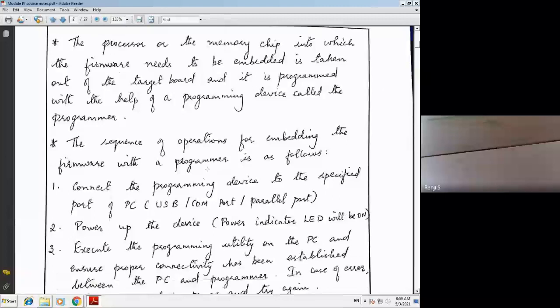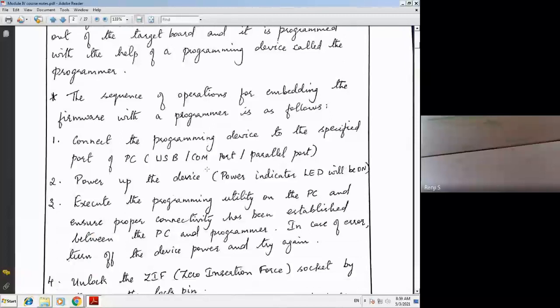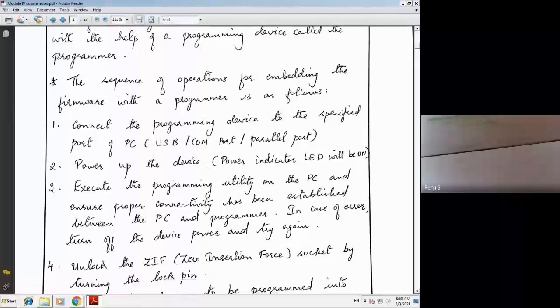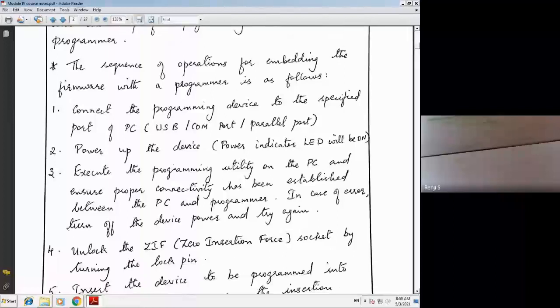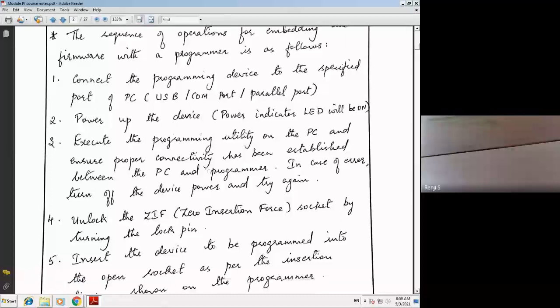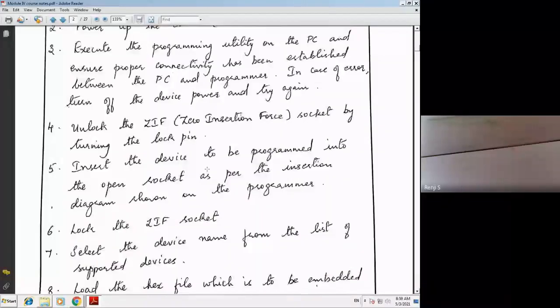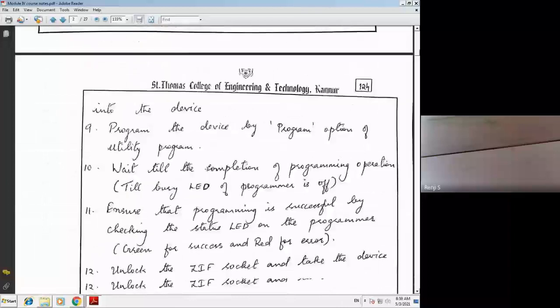We connect the chip to the programmer device. The programmer device will be connected to the PC, and through the PC, using utility programs, we can embed the firmware into this memory chip. Then the chip is removed from the programming device and put back onto the target board.